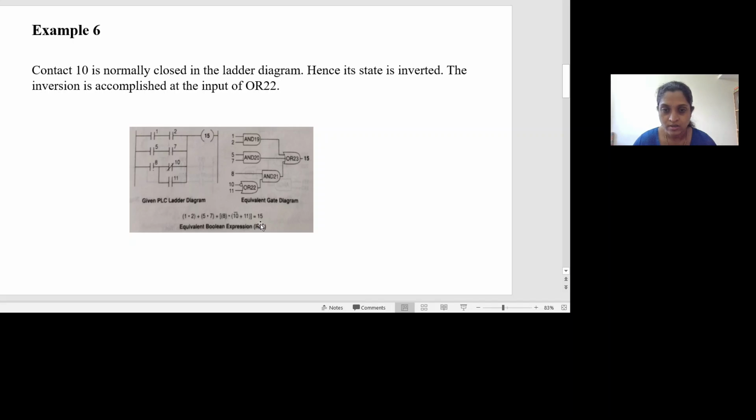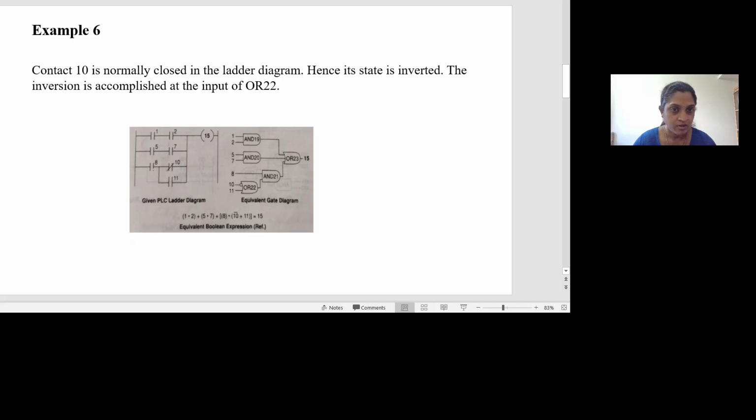And at last I OR all these three inputs. So you could see 1.2 plus, 5.7 plus, and then this will be the third input. So for the OR gate, you have three inputs: the final OR gate, which produces the output 15.